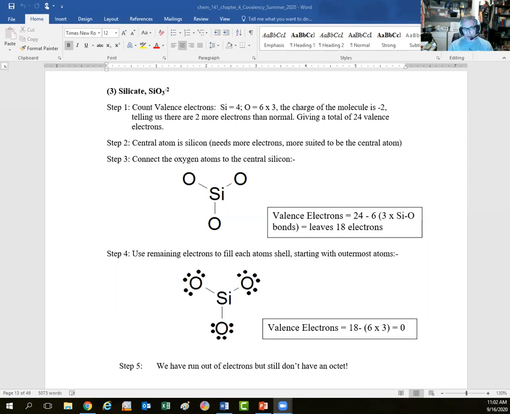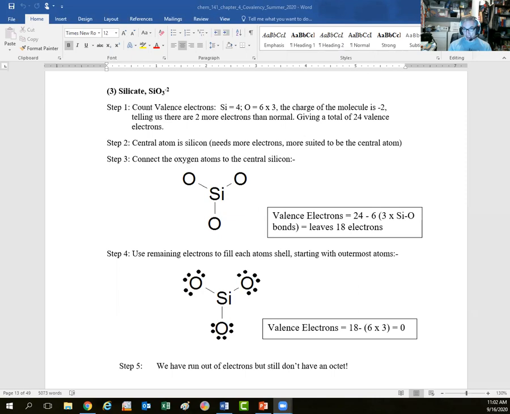And so we said we could draw these Lewis structures, draw these covalent molecules by following 5 rules. Step 1 was just counting the valence electrons. Step 2 was choosing a central atom. Step 3 was getting the skeleton down, that basic framework, by connecting everybody to the central atom.